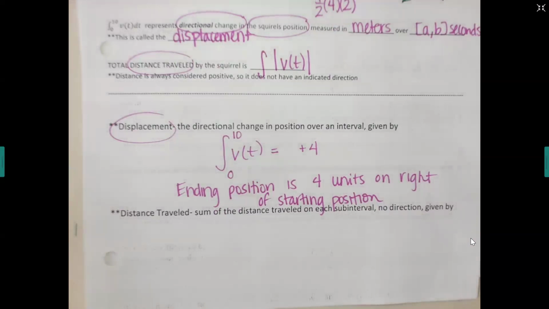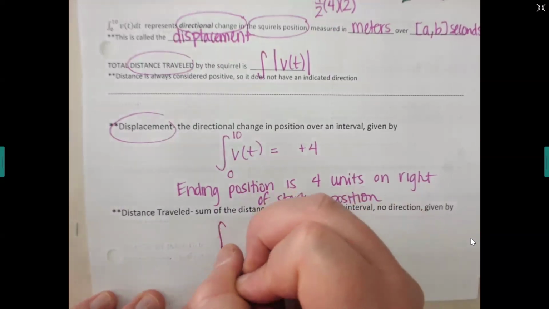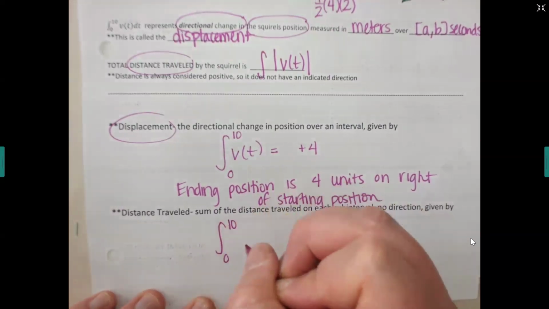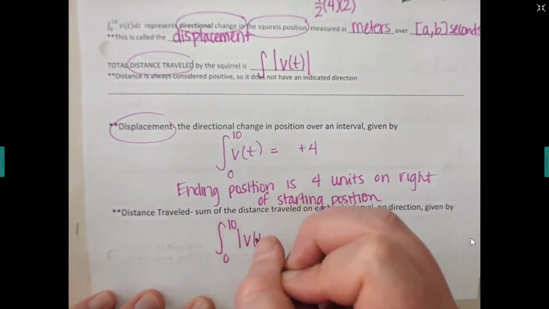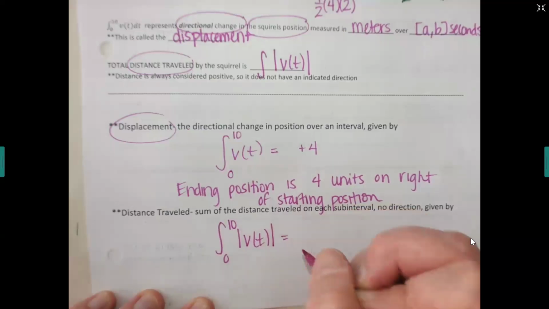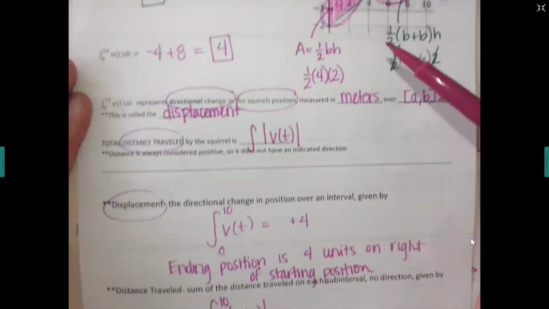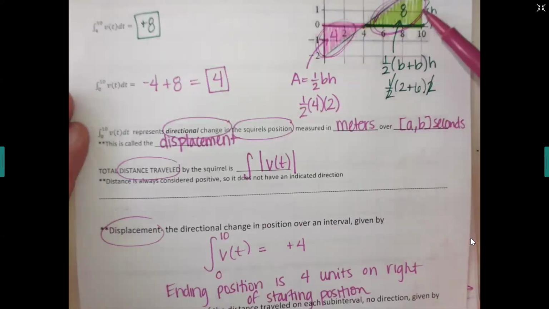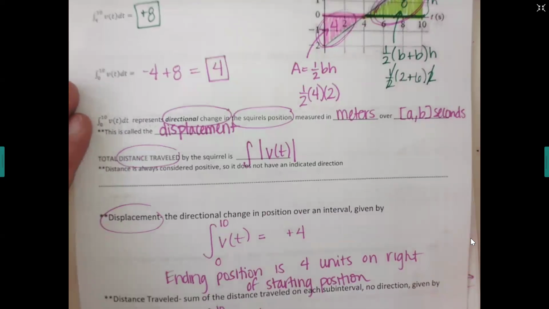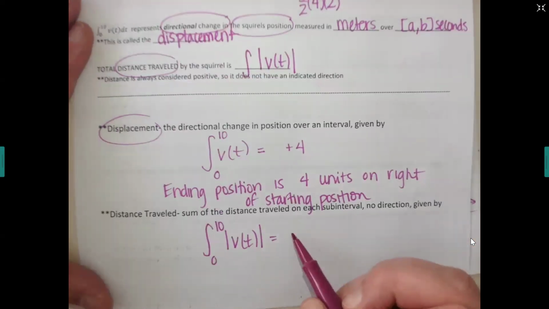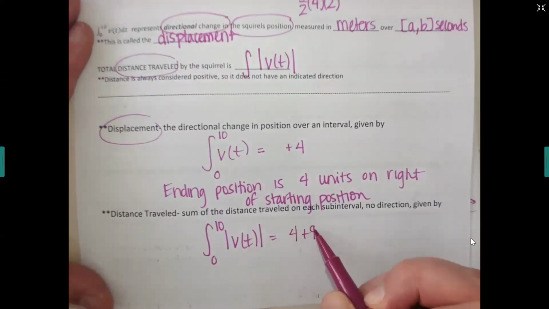Versus distance traveled would be the integral from 0 to 10 of the absolute value of velocity. When you put absolute value bars, you're saying, I don't care which way you went. I want to know every step that you took, and I want to add them all together. So if the squirrel went backwards 4 and then forward 8, how many did he go? 4 plus 8 would give you 12.